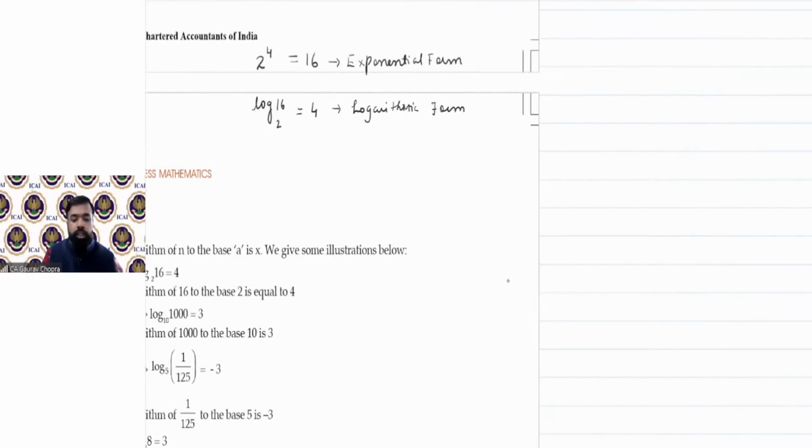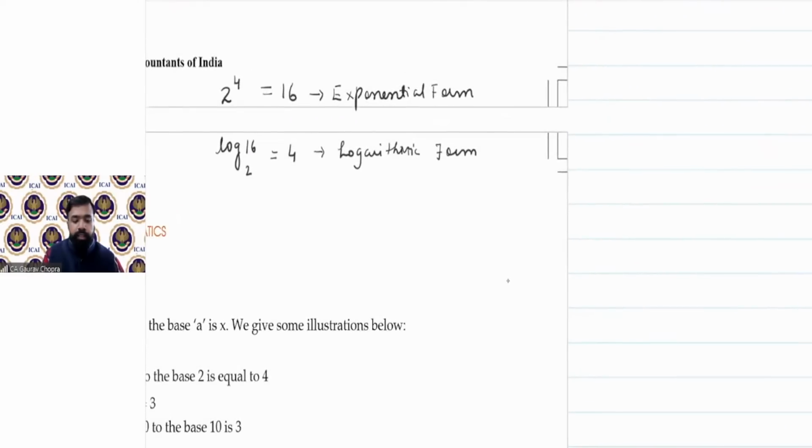So what is the conversion process? Let us understand. So let's say a to the power of x is equal to any number. This is exponential form. Now, if we want to convert this into logarithmic form, then what we have to do? Then you have to write log.